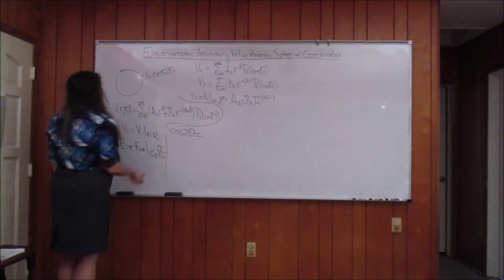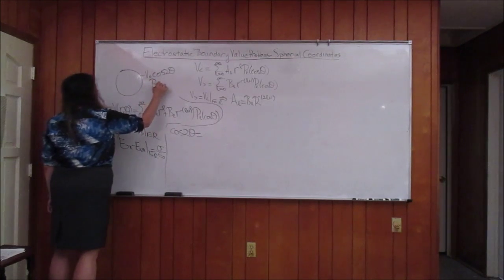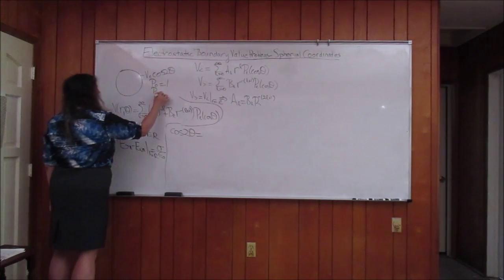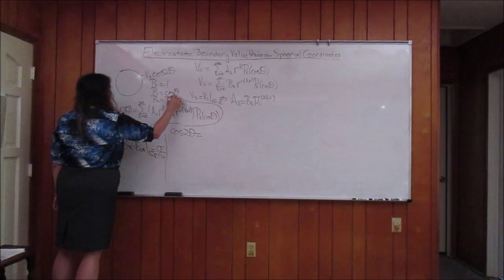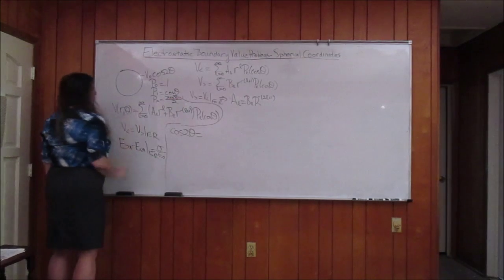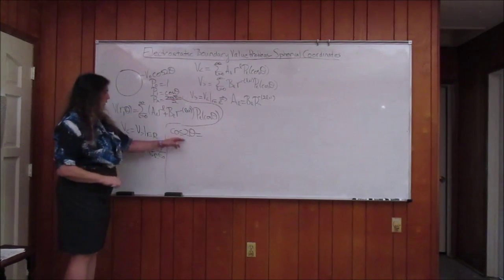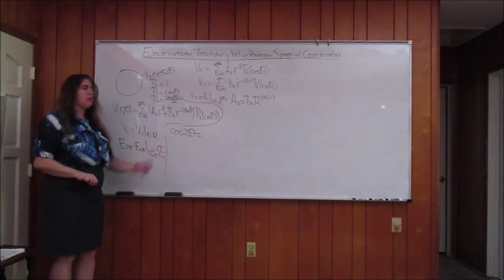Let me write P naught is equal to 1, P1 is equal to cosine theta, and P2 is equal to 3 cosine squared theta minus 1 over 2. I need to write this in terms of P naught, P1, and P2.